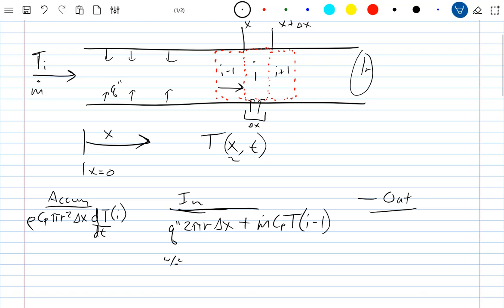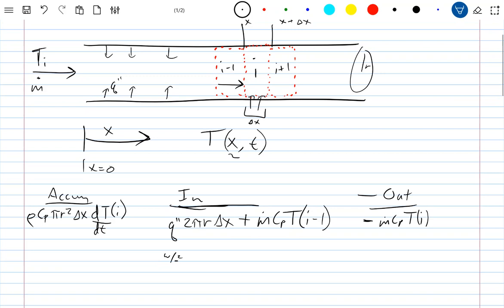When you're dealing with an enthalpy or heat capacity, typically this would be a temperature difference, so we could assume that our reference temperature is just 0 and not have to worry about a reference temperature in this case. Similarly, our out term is going to be m dot Cp times the temperature of node I itself. And this is actually the minus out term, so we'll subtract that off.